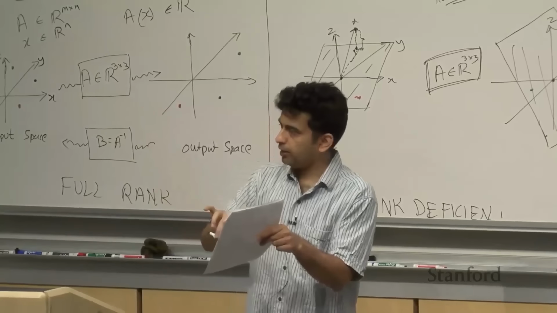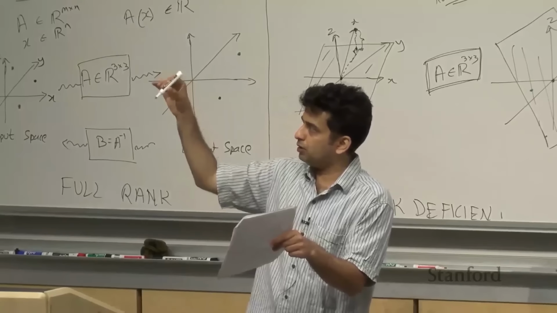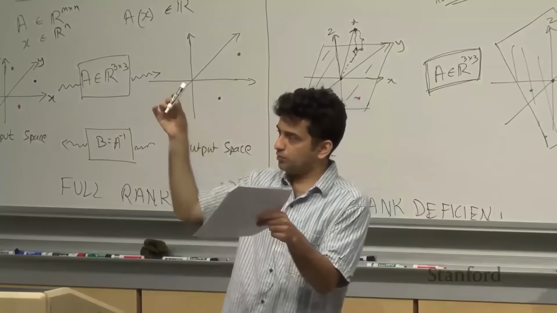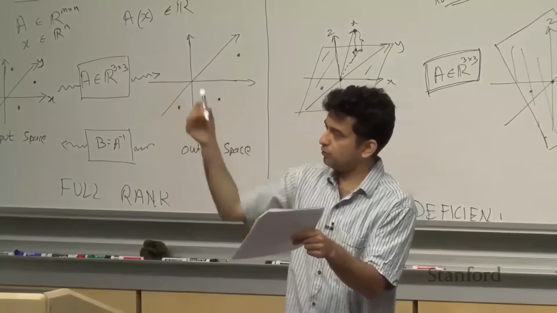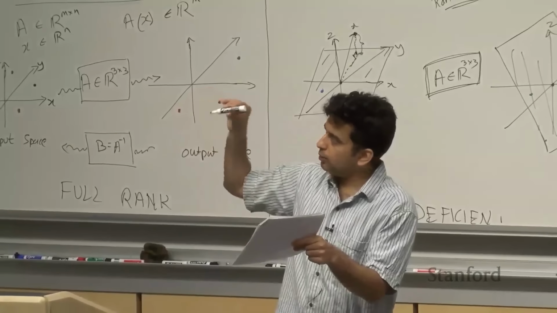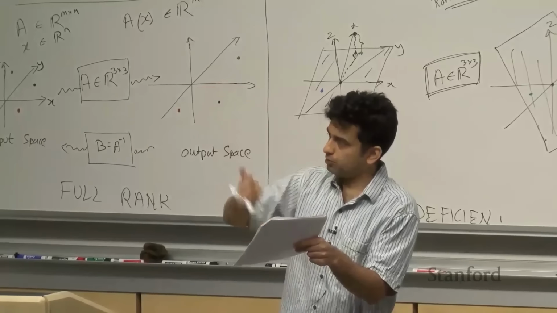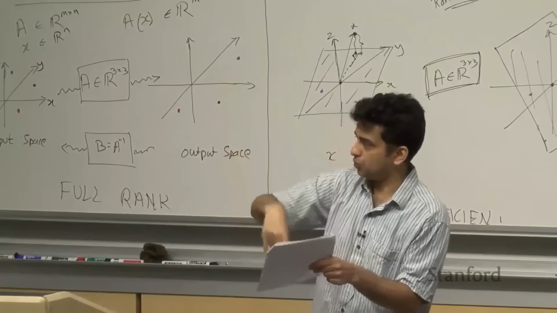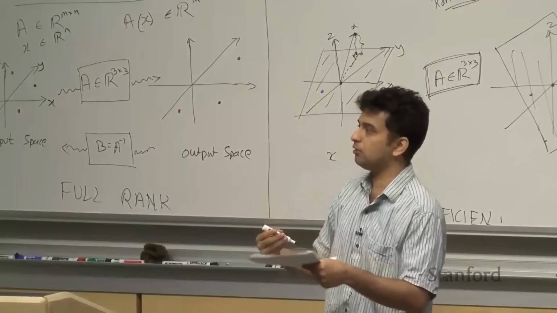That point is the projection of this point onto the subspace. And the line connecting the true point to the projection point is always going to meet at an angle of 90 degrees. It's always going to be perpendicular to the subspace itself.